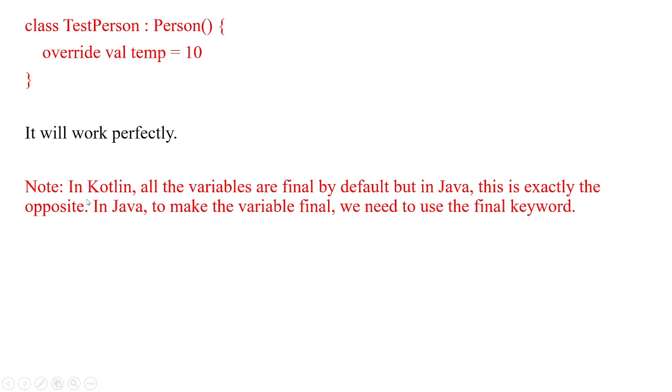So in Kotlin, all the variables are final by default, but in Java, this is exactly the opposite. In Java, to make a variable final, we need to use the final keyword. So from all of that, we can say that we can use our open keyword with class, function, and variables. Thank you.